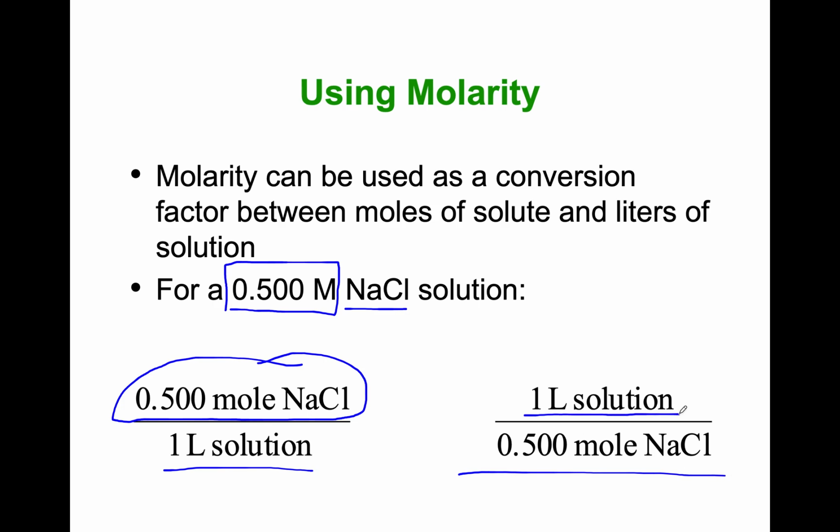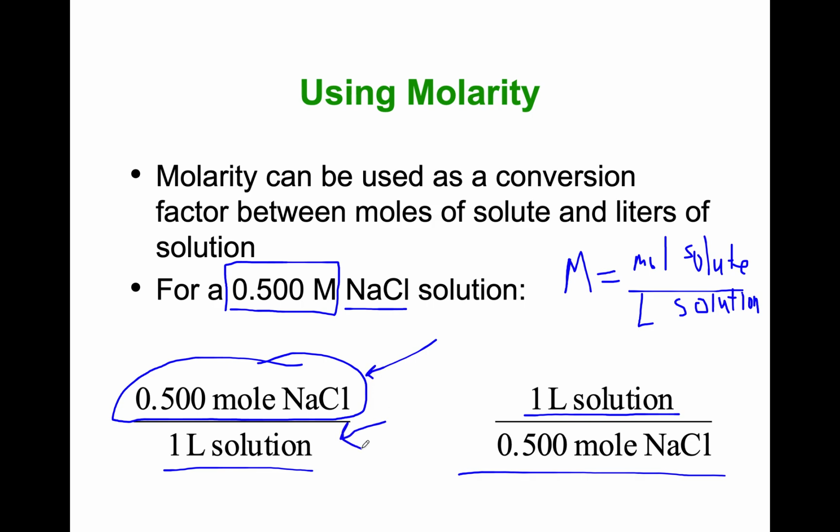So we get 2 conversion factors right away if it's capital M. Really emphasize moles of solute, liters of solution. So if you need to solve for molarity, you can just plug it in, or if you're going to use it as a conversion factor, you know which one's the solute and which one's the solution.